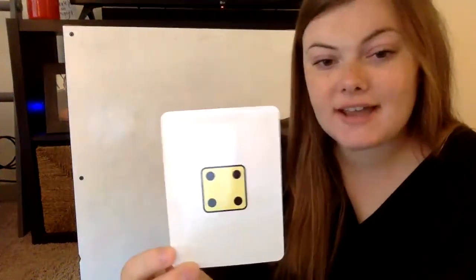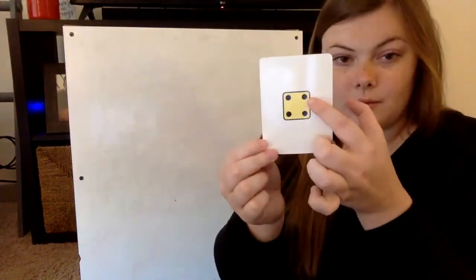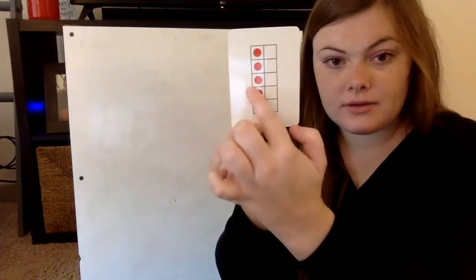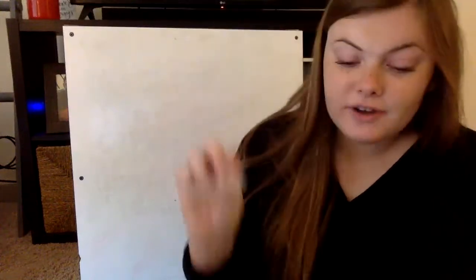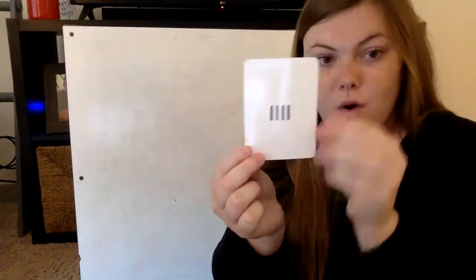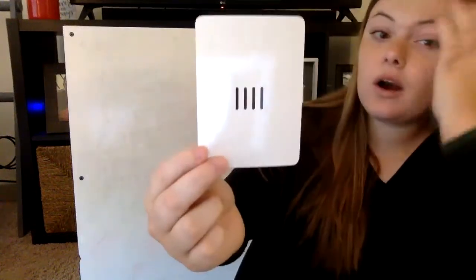Here's number 4, right? How many dots are on our dice? 1, 2, 3, 4 dots. Okay, here comes our 10 frame. 1, 2, 3, 4 dots on our 10 frame. And here's our tally marks. 1, 2, 3, 4. 4 lines on our tally marks, right?